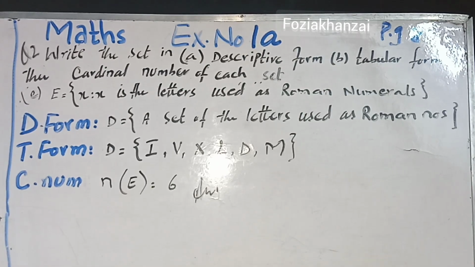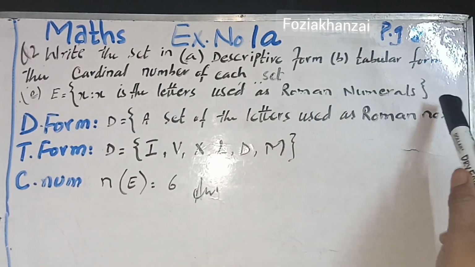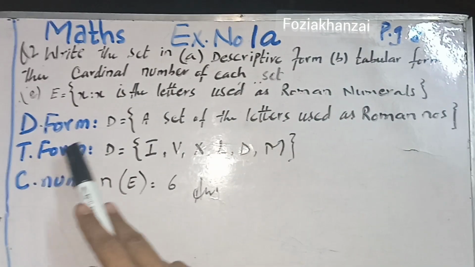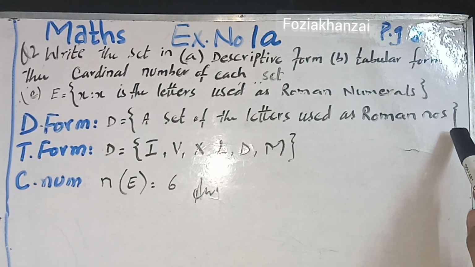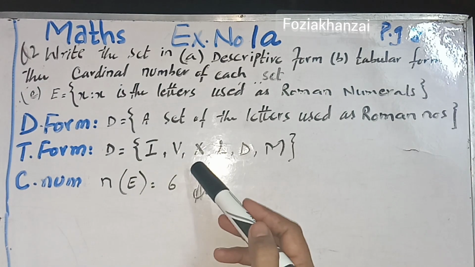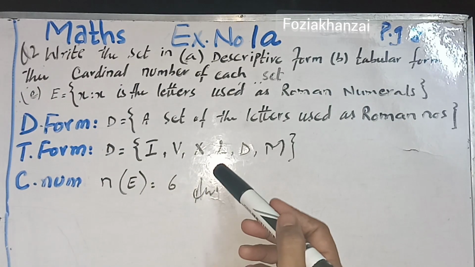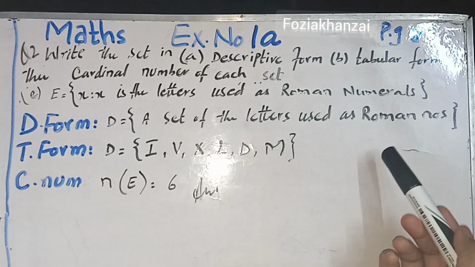The last part, E: x such that x is the letters used as Roman numerals. Descriptive form: a set of the letters used as Roman numerals. Normally in Roman numbers we use I for 1, V for 5, X for 10, L for 50, then D for 500 and M for 1000.